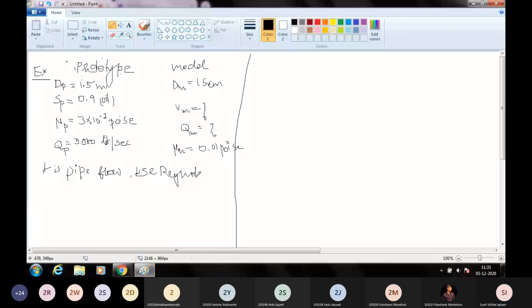So Reynolds number in a model is equal to Reynolds number in prototype.